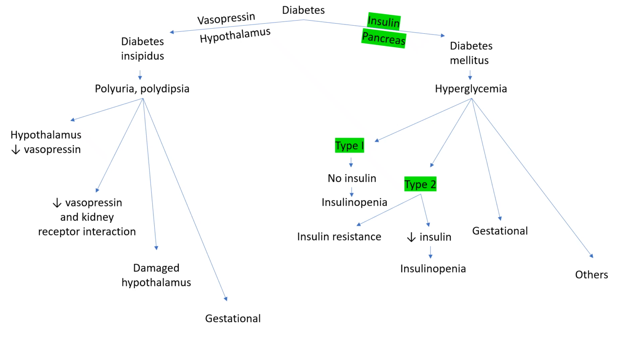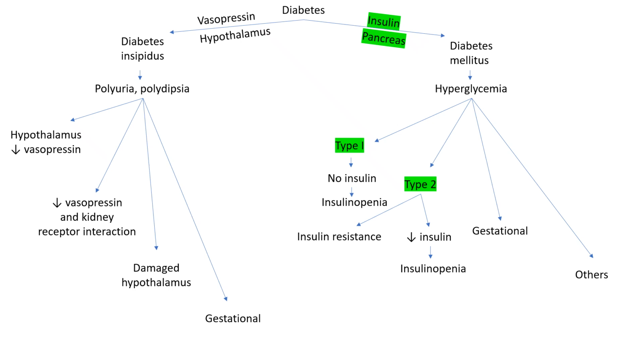Under this category, we have type 1, the one that we will discuss today, type 2, gestational diabetes, and others. Type 1 is characteristic of no insulin produced at all, a syndrome called insulinopenia.